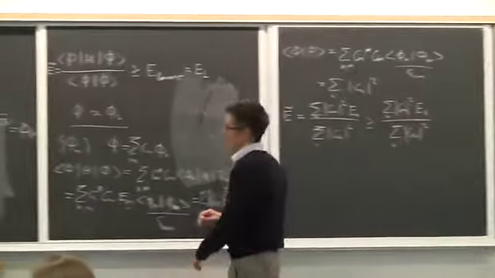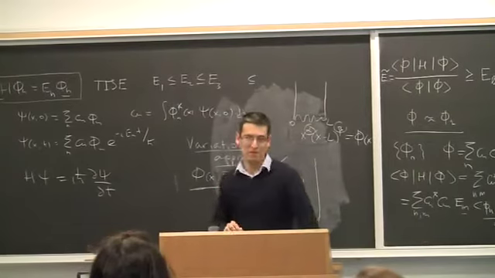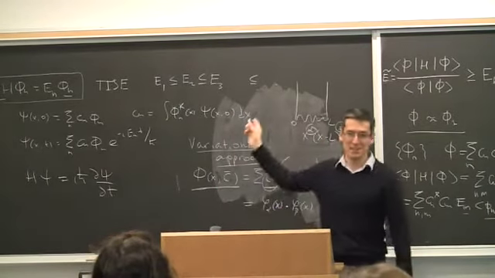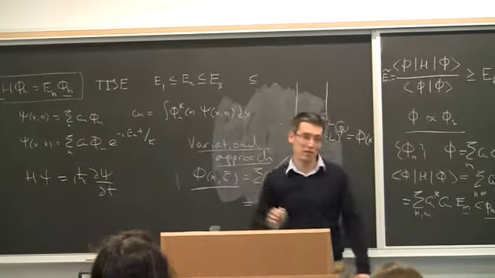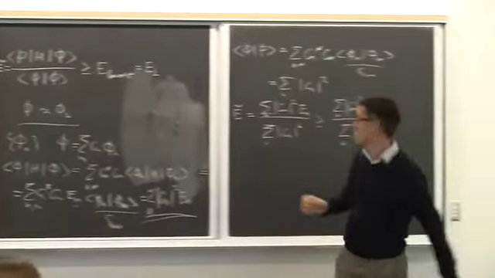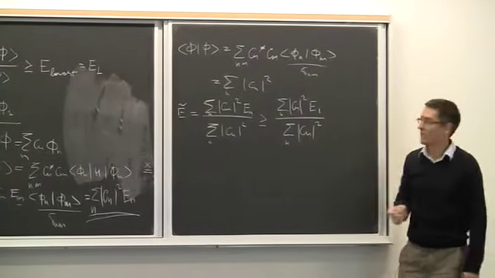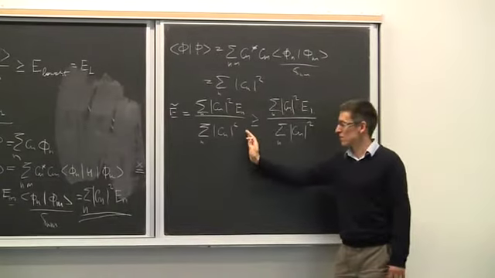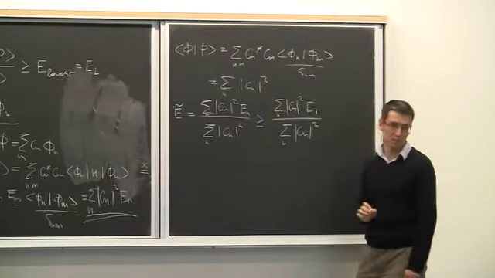So these are non-decreasing. But there is a possibility that they are all equal, right? So E1 is either equal to some other one or less? That's right. That's why this term is always higher or equal than this term, right?